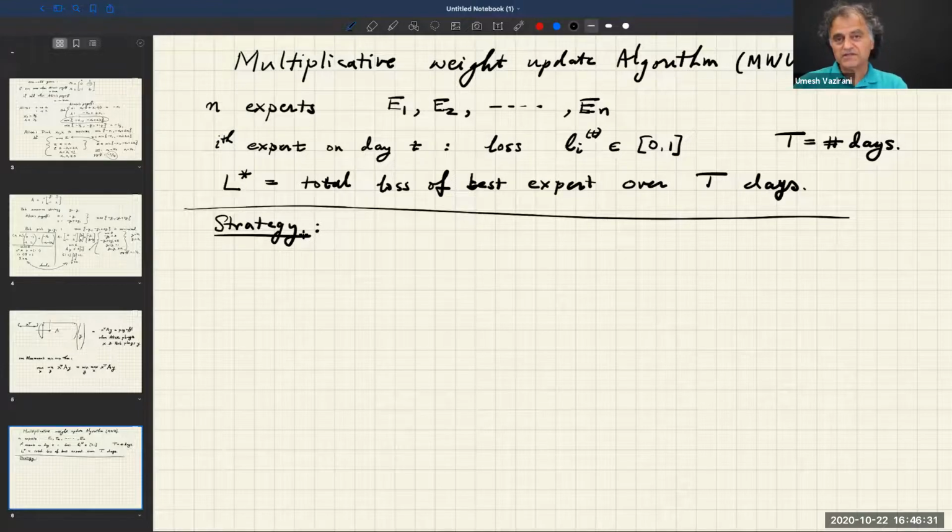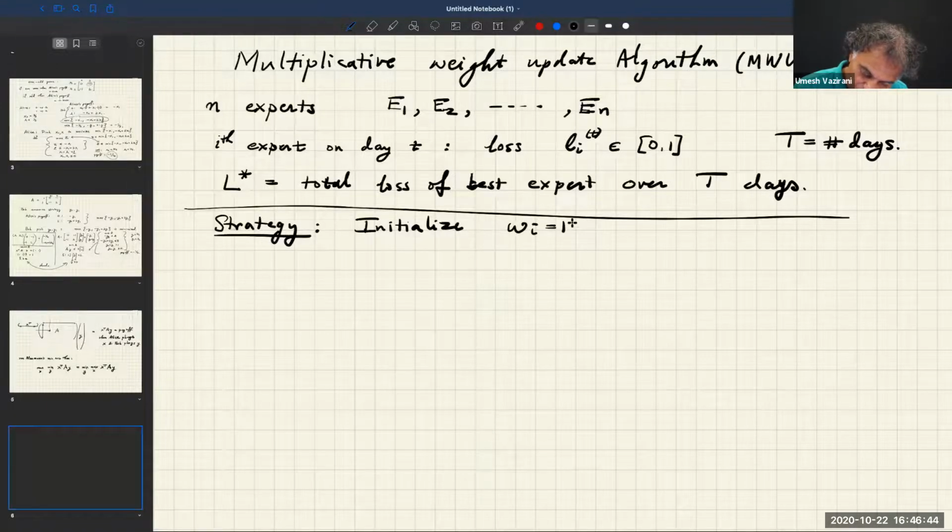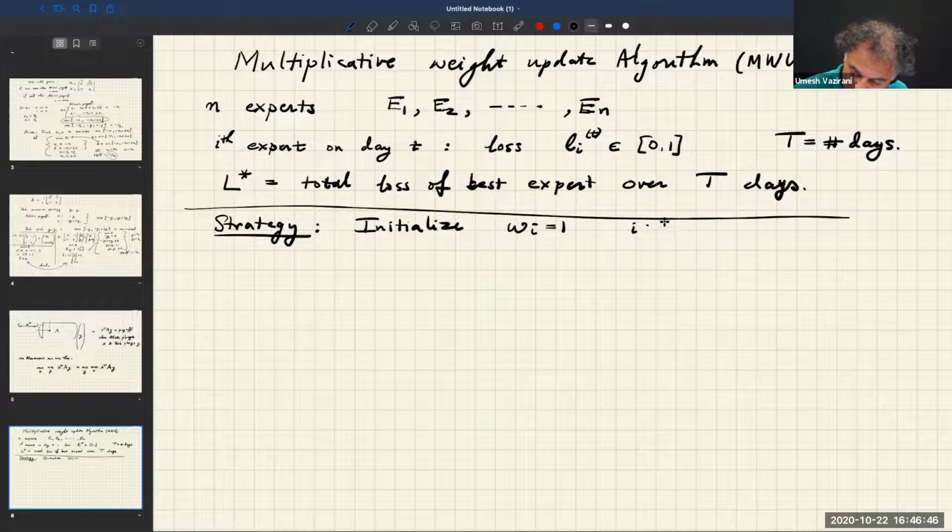What you do is you assign a weight to every expert. So let's initialize W sub i equal to 1 for i equal to 1 to n. So these are the initial weights that we have given to all the experts. They're all equal.